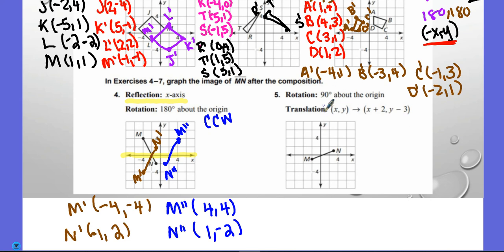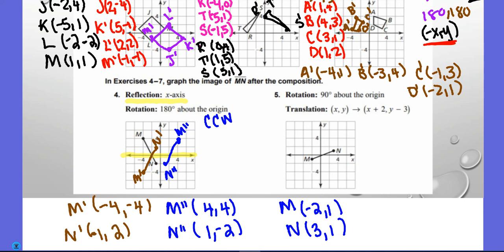So here it says 90 degrees about the origin. So number 5. So I'm going to write down the original points first. So I'm going to say -2 and 1, M, N, and then we're going to get 3 and 1.